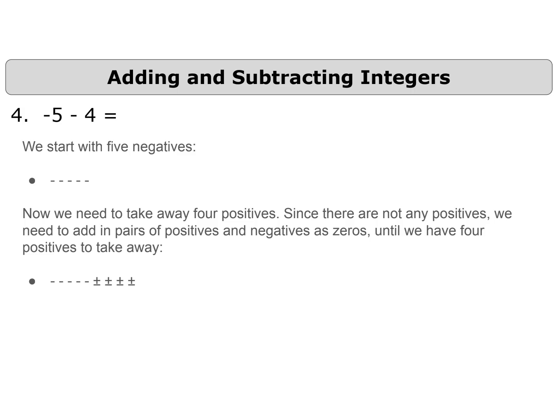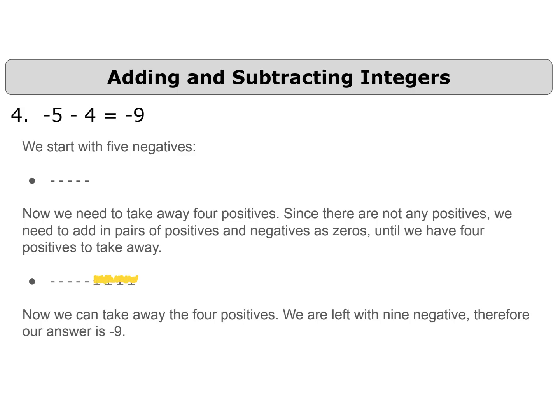So we're going to add pairs of positives and negatives, which would be a net 0, and continue to add positives and negatives until we have 4 positives that we can take away. So once we take away the 4 positives, then we have 9 negatives left. Therefore, our answer is negative 9.